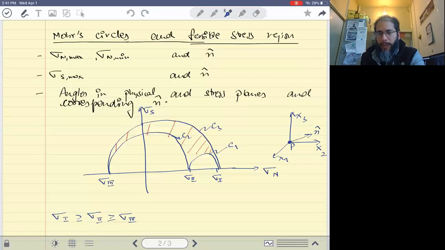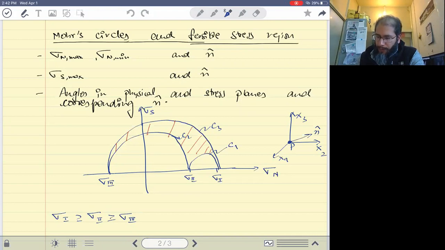So the whole exercise here is to be able to find the sigma n comma sigma s value, which corresponds to a stress vector or traction vector for the corresponding n hat values, and find the locus of all those sigma n comma sigma s points in the stress plane on the left hand side. So when we do that, we get this red shaded region. As we move the normal along different directions, we get the feasible stress region, which is the red shaded region on the sigma n comma sigma s plane.